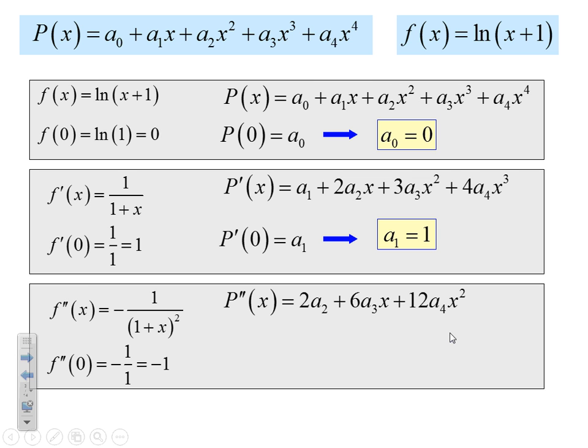We're going to do this until we get a 4th degree polynomial. So when we plug in 0, the second derivative at 0 is 2a2.